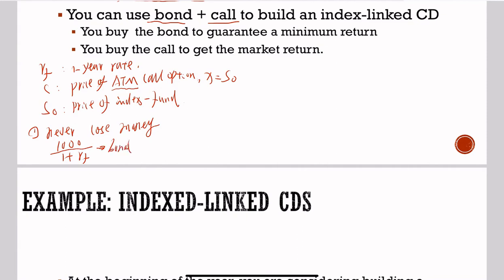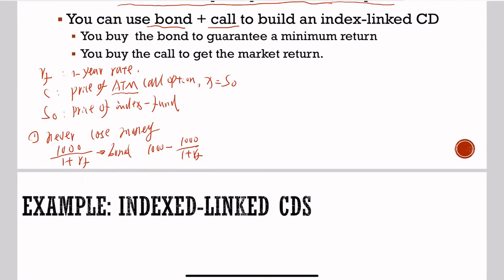Now, how much should you put into the call option? Oh, this is easy, right? It's just 1,000 minus 1,000 divided by 1 plus RF, which is actually, I think, 1,000 RF divided by 1 plus RF.